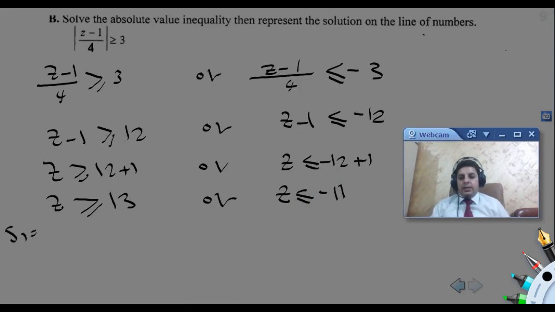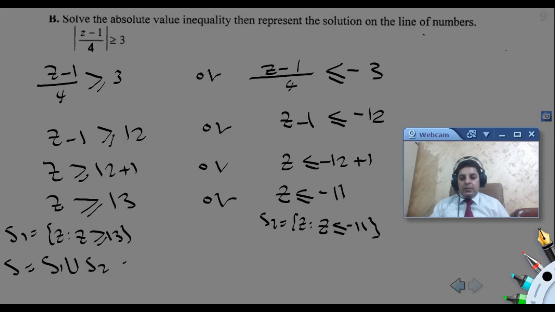S1 equals the set of z such that z is greater than or equal to 13, S2 equals the set of z such that z is less than or equal to negative 11. The final solution is the union of S1 and S2, because that is OR.